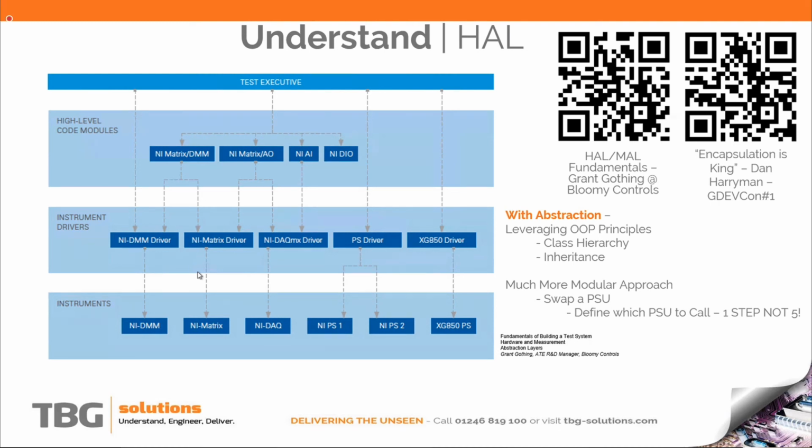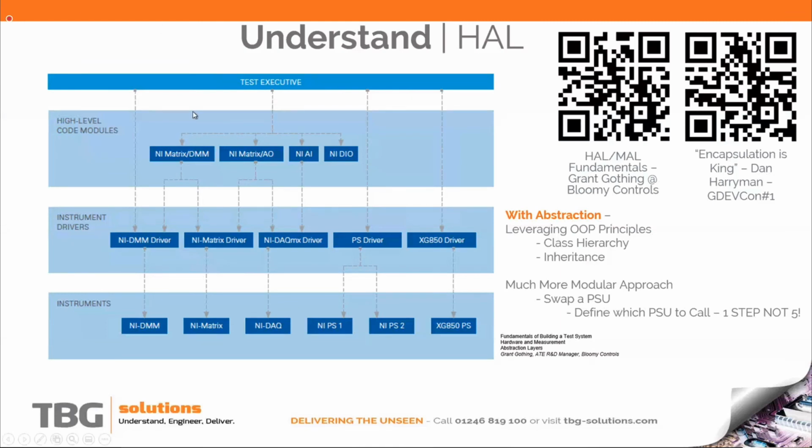And then inheritance-wise, we have child classes that inherit from the parent, DMM or PSU. That could be individual drivers like DAQmx or NI-DMM, or if you go into the more complex side of HAL MAL, you might be looking at abstracting individual card types. So not every DMM is the same as the other, and so on and so forth.